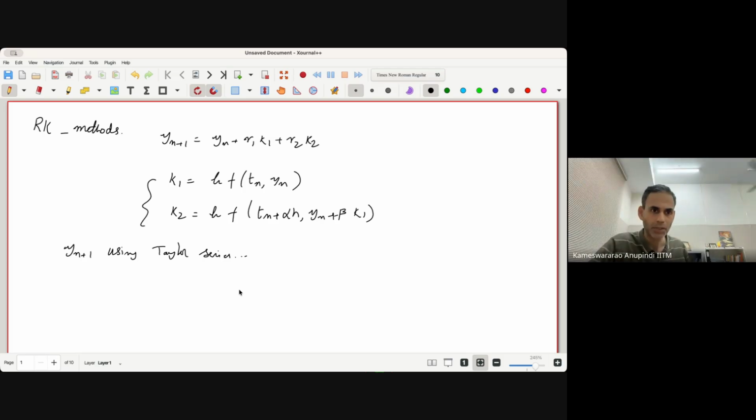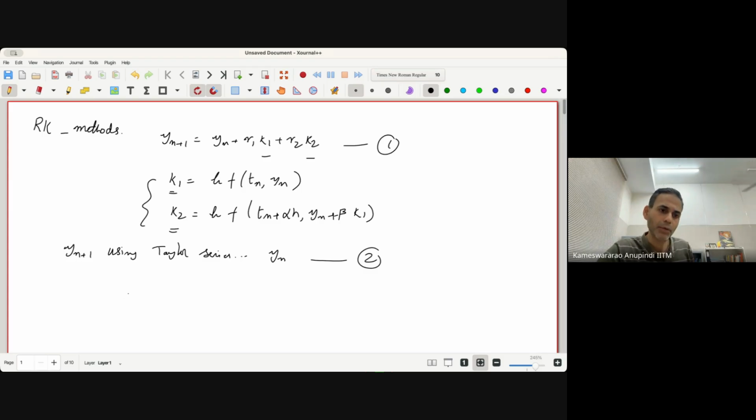Okay. Thank you. So we have written yn plus 1 in terms of yn using Taylor series expansion, and also expanded k2 and substituted for k2 and k1 in this equation, and then compared the resulting equation with the Taylor series expression, right?